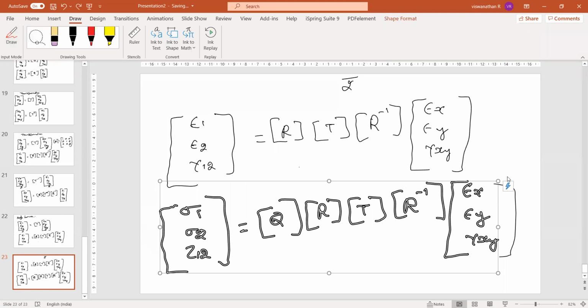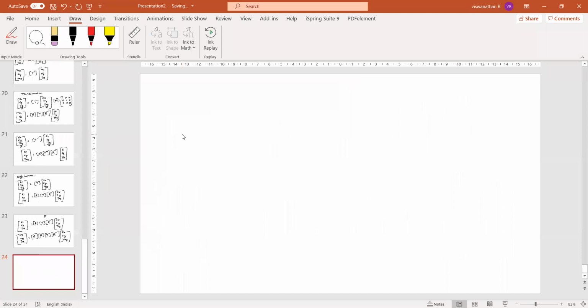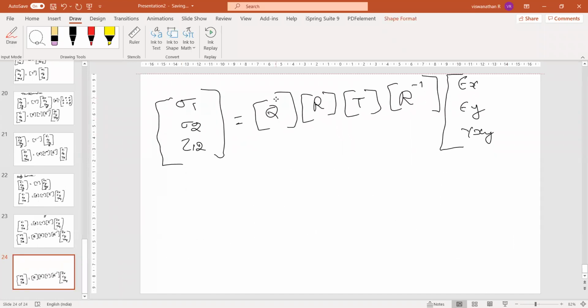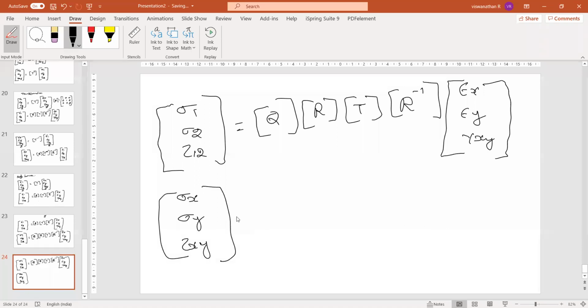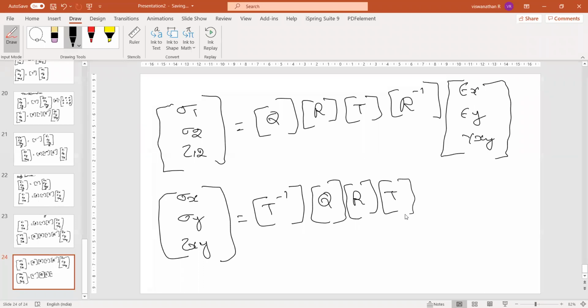So if I want sigma x, sigma y, and tau xy on the left side, then I have to multiply with the inverse transformation matrix, multiplied with the reduced stiffness matrix, and then with the R, T, R inverse, multiplied by epsilon x, epsilon y, gamma xy.